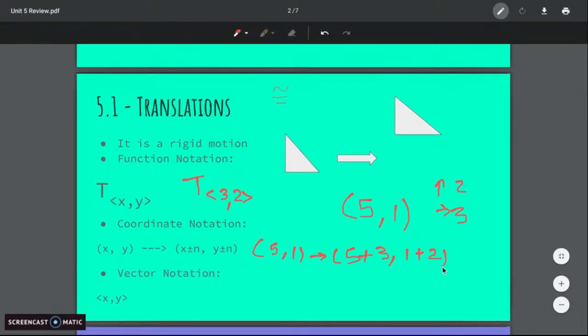And then vector notation is just going to be 3, 2. So you have to know these names and how they are, so be careful with that. This is the easiest one to calculate from, so we can see 5 plus 3 is 8, and 1 plus 2 is 3. So if we did that translation, that's the new point that we'd get, 8, 3.